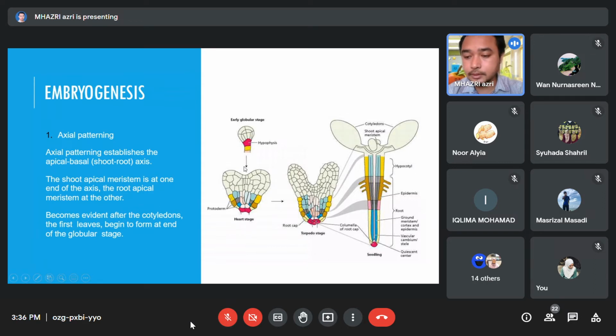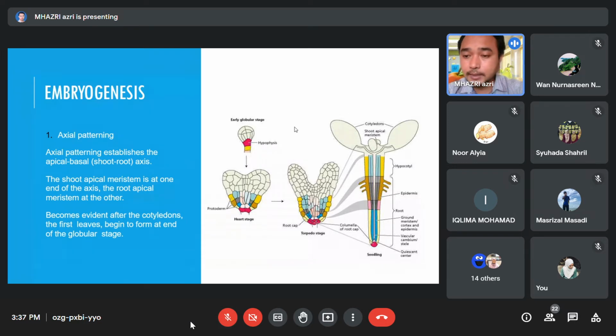Okay, the inner one will become vascular tissues. So here there are patterns. Because plants can grow continuously, this part will differentiate into dead tissues. If a tree lives 100 years, it will live. Unlike humans or animals, if we are injured, for example, lose a limb, we cannot produce that organ again.